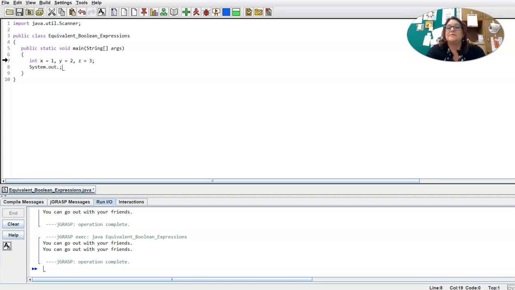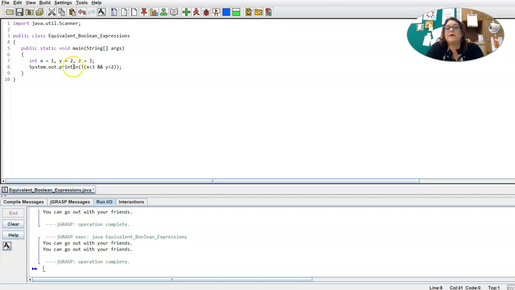So System.out.println and we'll just let this be a Boolean result so we can compare these expressions. So if we had not x less than 3 and y greater than 2.